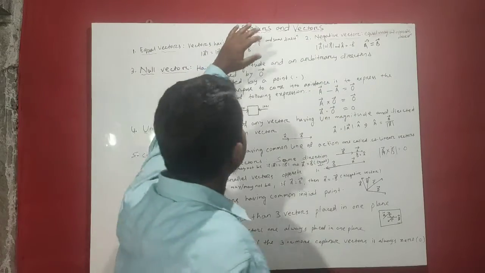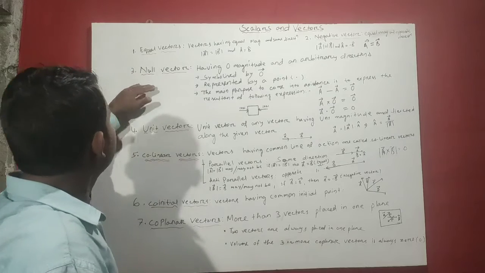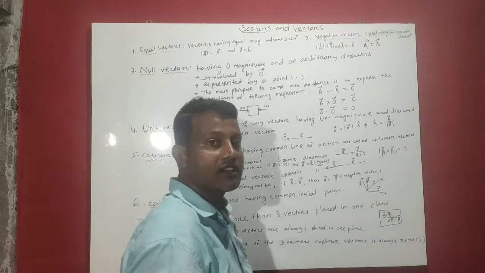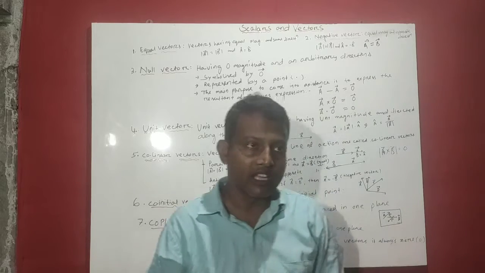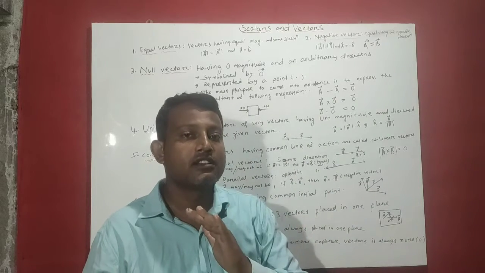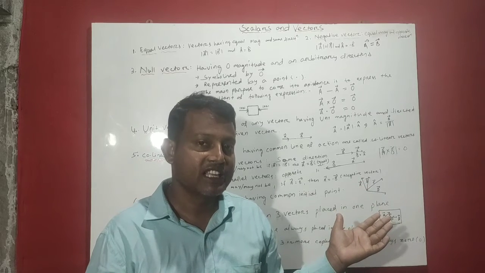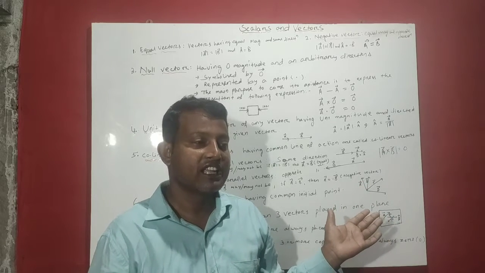Next, number three, null vector. What is a null vector? We already know about the null set in set operations.